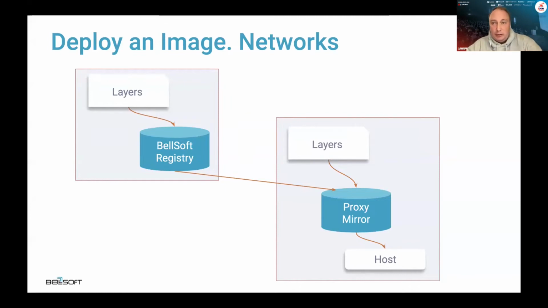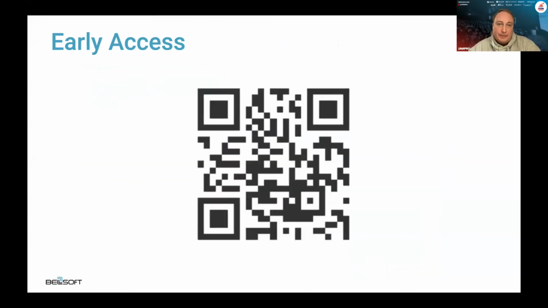That's what vendors can give you if you work with some JDK vendors, and you can combine this registry with some internal mirror. You can mix inner and outer layers for your final container images.